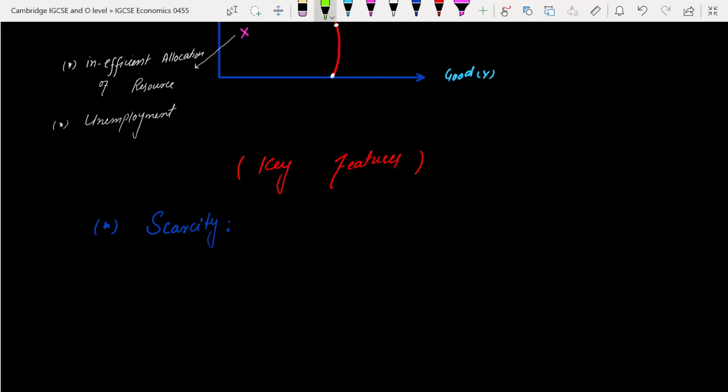Scarcity means resources are limited. So an economy must decide how to allocate them efficiently. Let me write it down here.